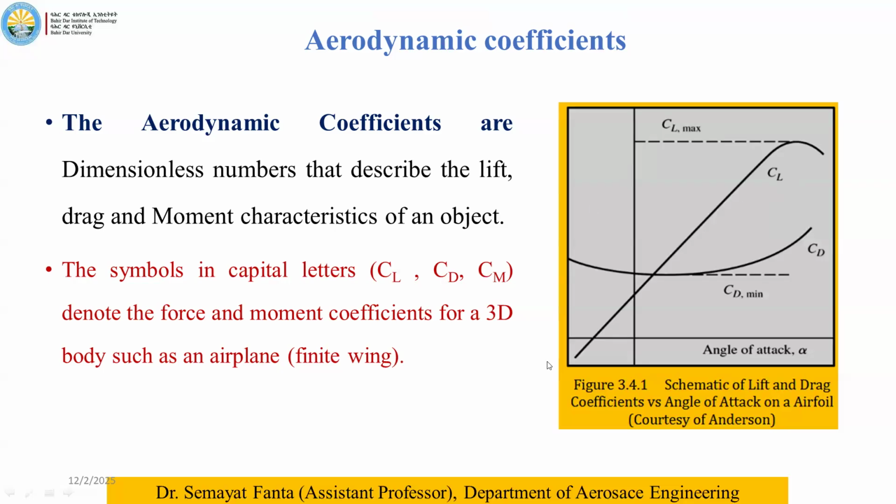Anyway, there is a maximum lift condition for every aircraft design. That maximum lift condition is presented with the CL max condition. So this line indicates the maximum lift coefficient point, and the point corresponding to this CL max is called the critical angle of attack, as we have discussed before. Another is the parabolic drag curve.